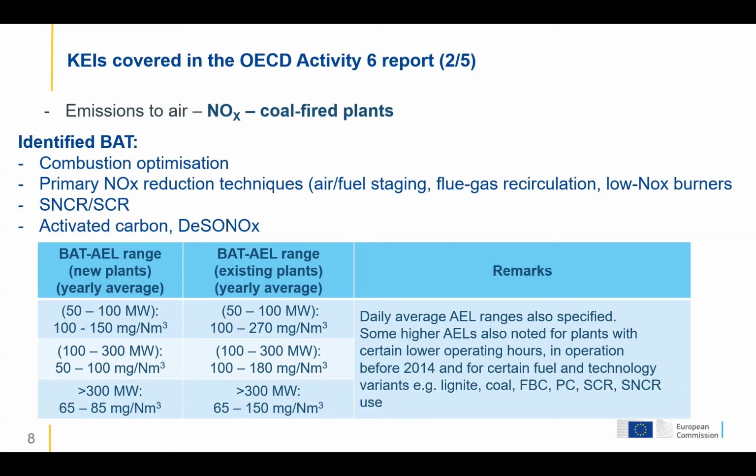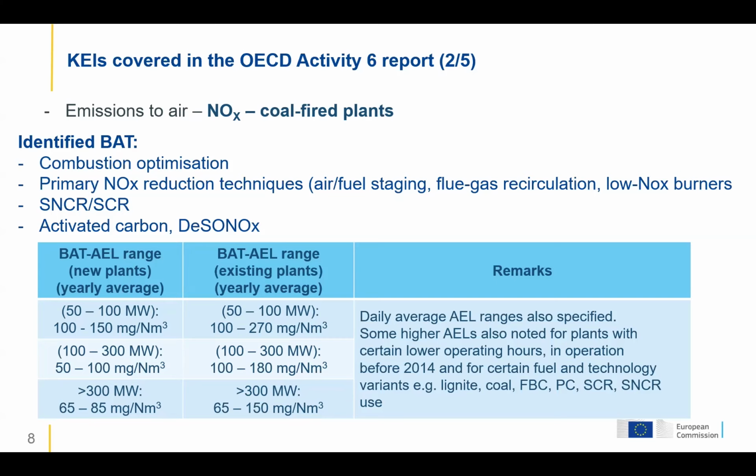Again, the BAT-AEL range table is split according to the installed capacity, expressing for new plants on the left-hand side and for existing plants the yearly averages. Again, the same approach, the higher the installed capacity, the lower the BAT-AEL ranges that were decided. And again, in addition to yearly averages for existing plants, daily averages were also specified.